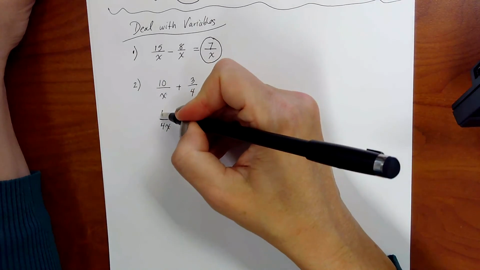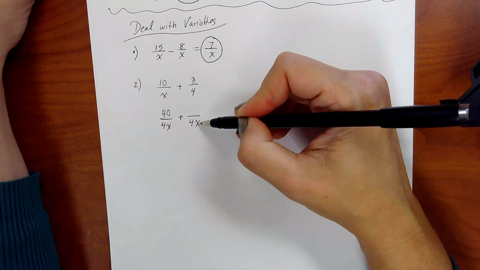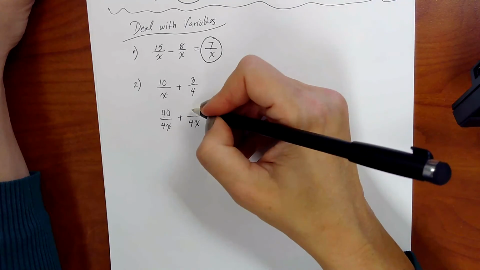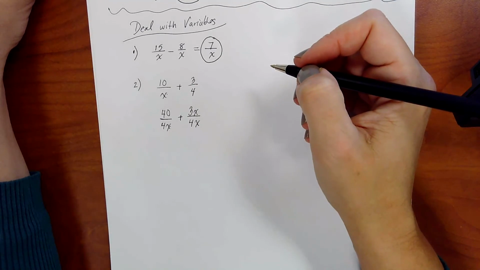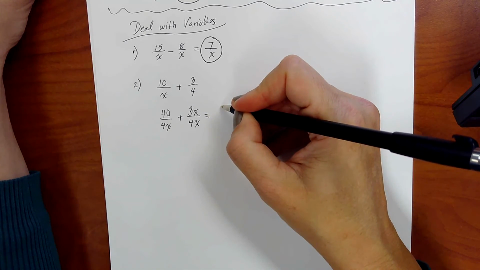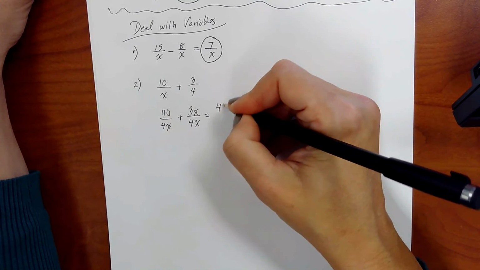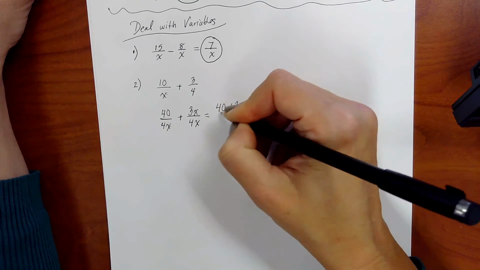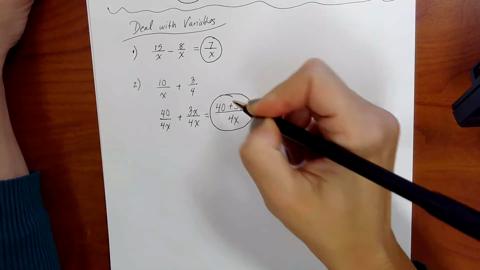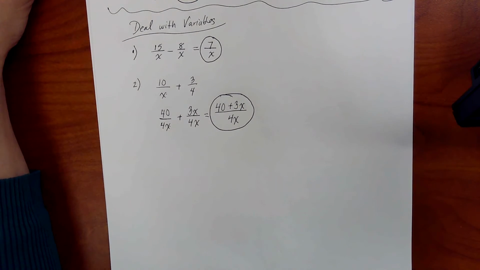So 10 times 4, this would be 40. Over here, 4 times what gives you 4x? I guess times x. 3 times x, 3x. You add these together. I mean, can you put 40 and 3x together? No, so I guess your answer would just be this. 40 plus the 3x all over 4x. And that's all you could do.